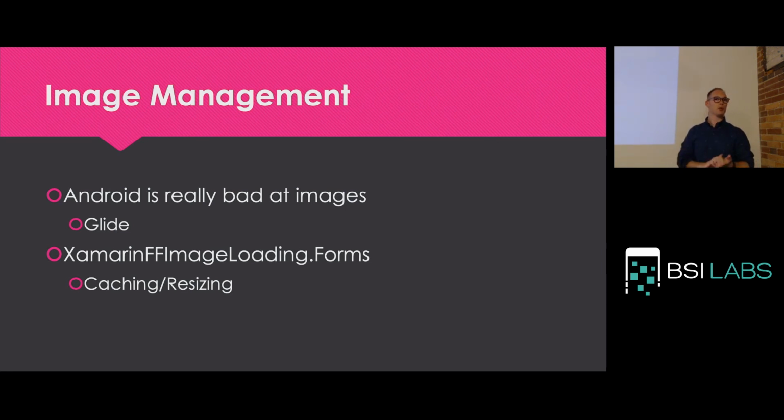Highly recommend that library if you're doing anything image heavy. I used this utility first for a list that had an image heavy cell in it, and it went from being unusable to being lightning fast just by changing out the image to the FFImageLoading control.